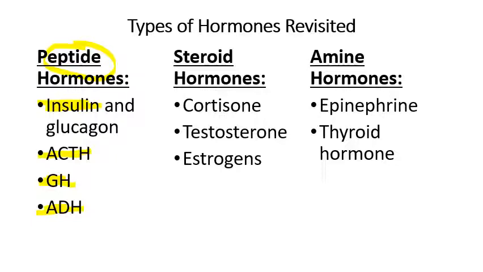All right, the steroid hormones: cortisone, testosterone, and the estrogens are steroid hormones. So are the androgens, by the way. And now the amine hormones, these are made from modified amino acids. Epinephrine is a modified amino acid, and thyroid hormone is a modified amino acid.